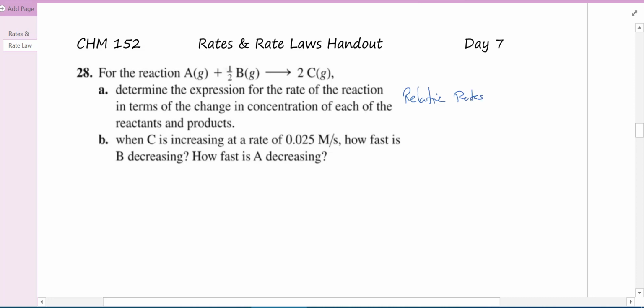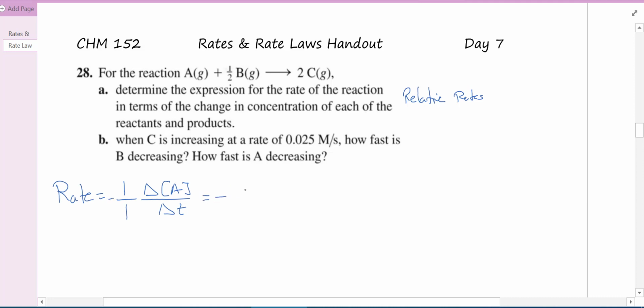Alright, so rate equals, since it's a balanced reaction and we don't know the coefficients, 1/1 times the change in concentration of A over the change in time. Now, B is 1/2, and that's negative.